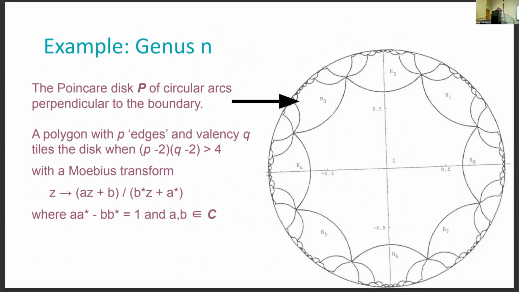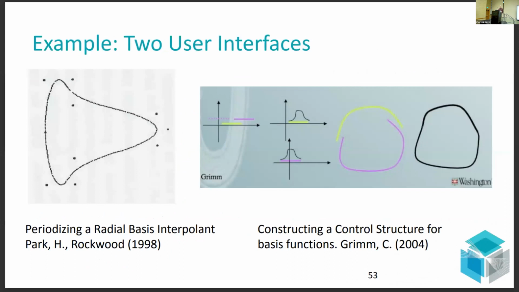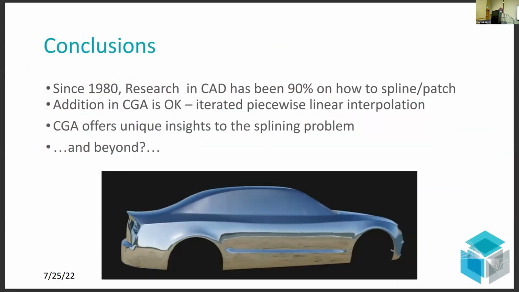Well, you guys know where I'm heading with that, right? We can couch that whole thing in geometric algebra on a hyperbolic plane. And every motion that I need to fill that plane is either a reflection or a rotation, is a conformal map. Anyway, that's the basis function, by the way. User interfaces are an issue there.